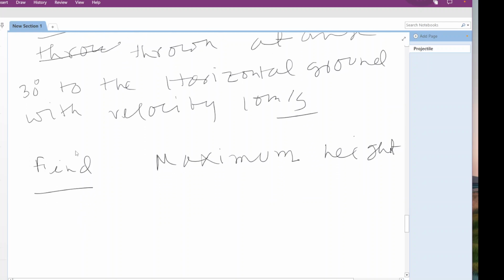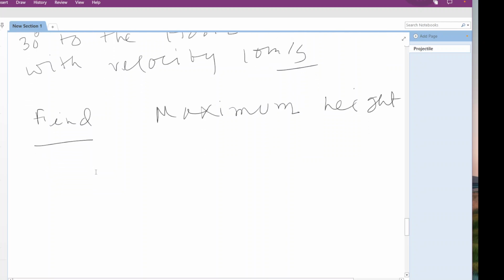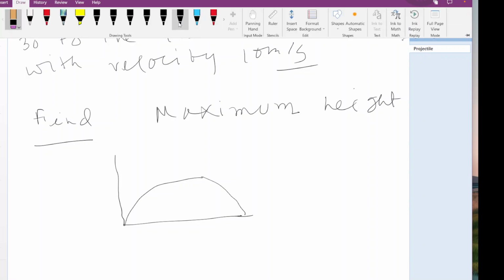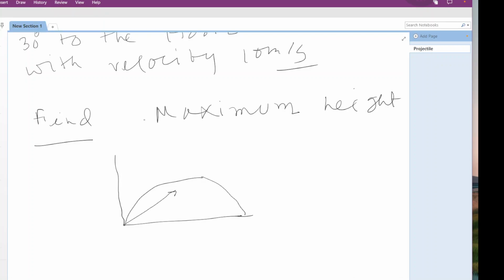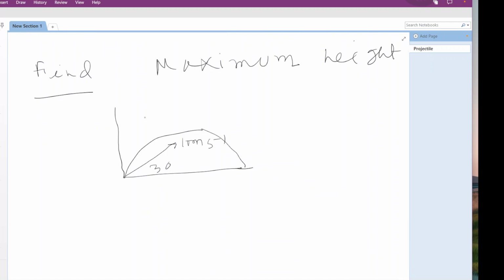I repeat the process I used in question 1. The situation can be described like this. This is 30 degrees to the horizontal and this velocity is 10 meters per second.